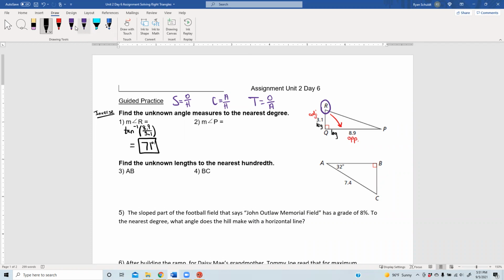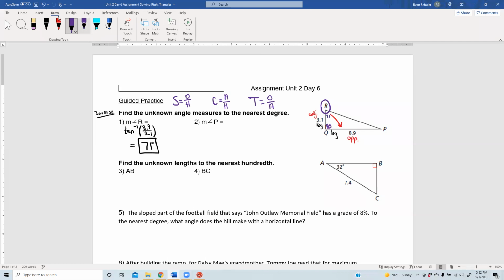Now for P, one way to do it is to just reverse it. So you can still do a trig ratio, but I'm going to say, you know what? My right angle is 90. R is 71.